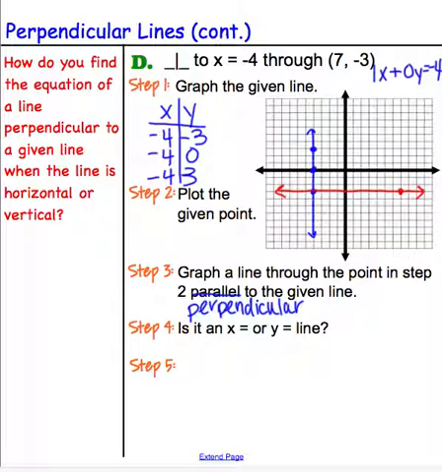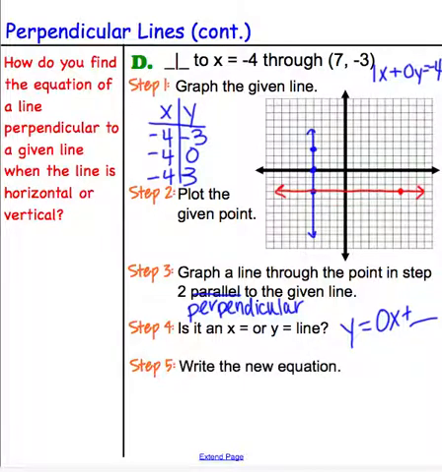We know this slope is 0, so it will be y equals, because this would be like saying y equals 0x plus something. So then step 5 is going to be writing the new equation. So now we have y equals, and it crosses at -3, so it's y equals -3.